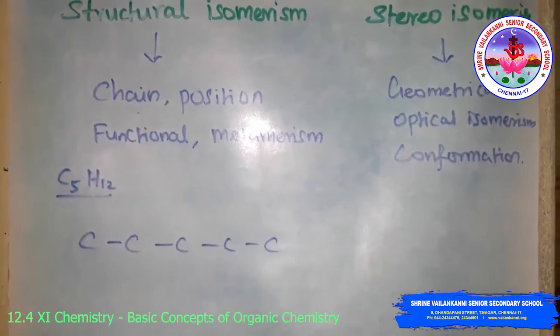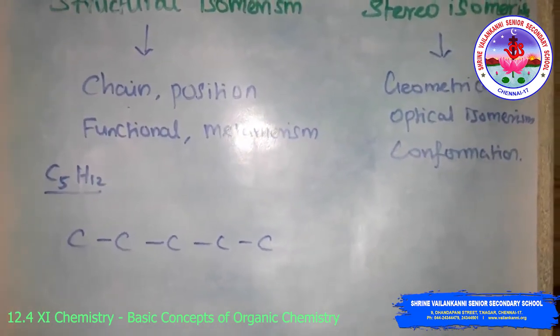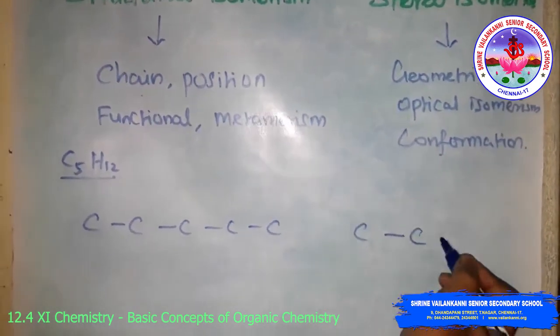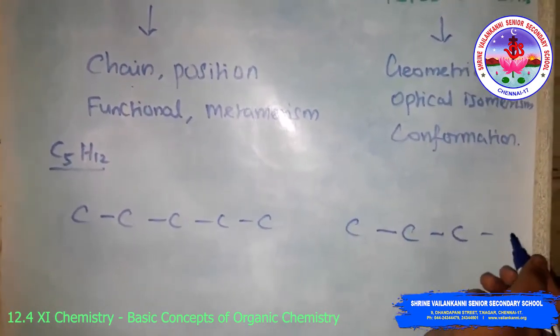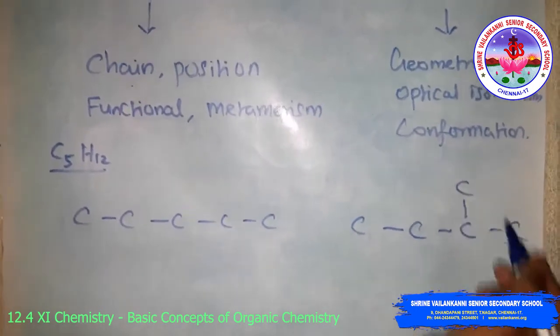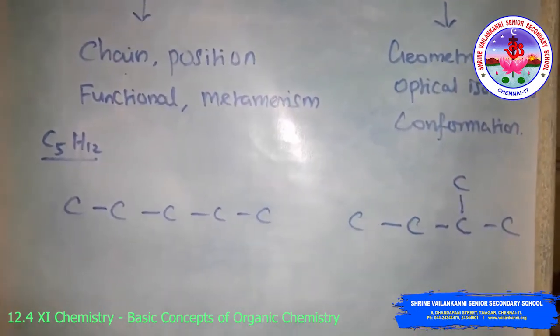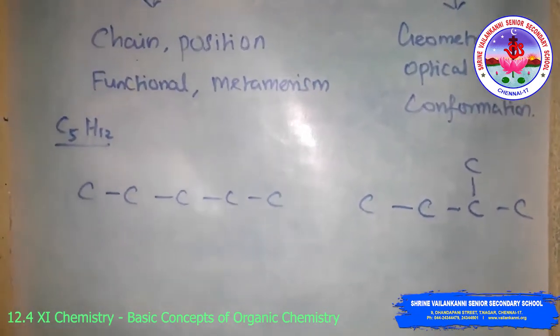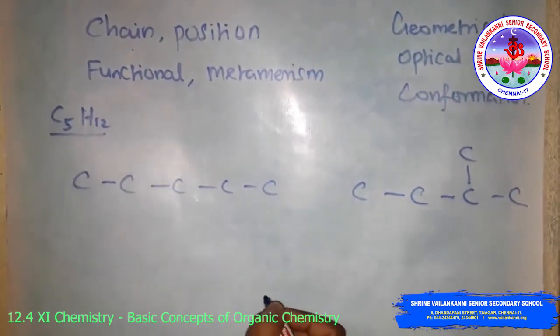This is one possible arrangement. Another possible arrangement has one branch like this. Another possibility has all branches like this.